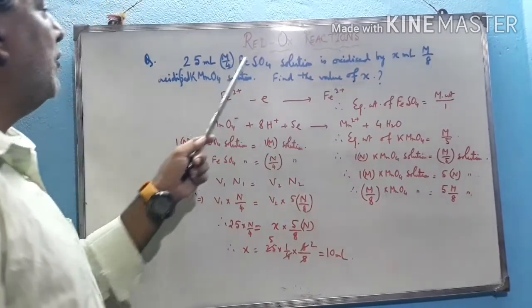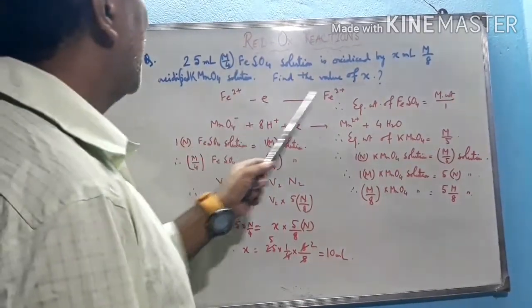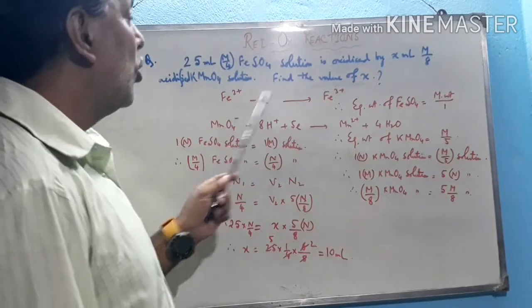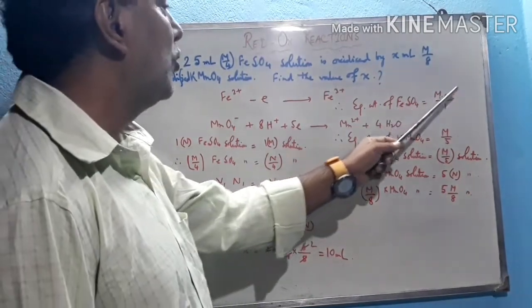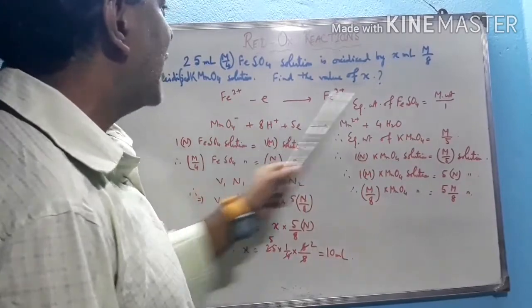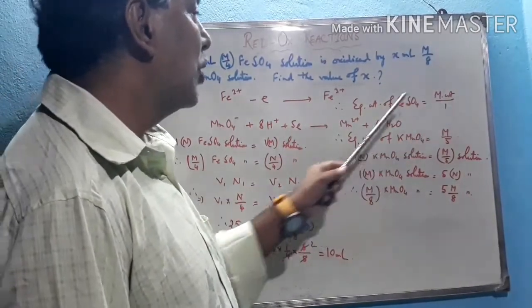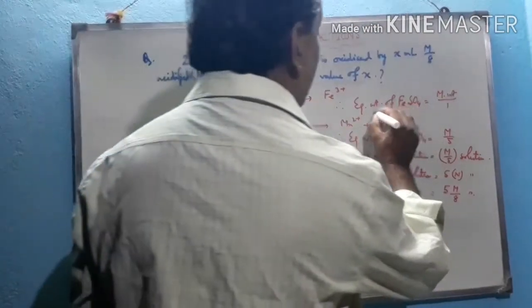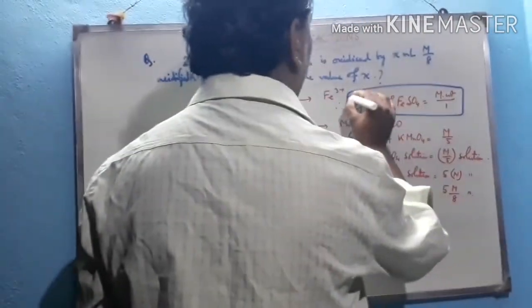Ferrous is oxidized to ferric by removal of one electron, so the equivalent weight of ferrous sulfate is the molecular weight divided by 1.